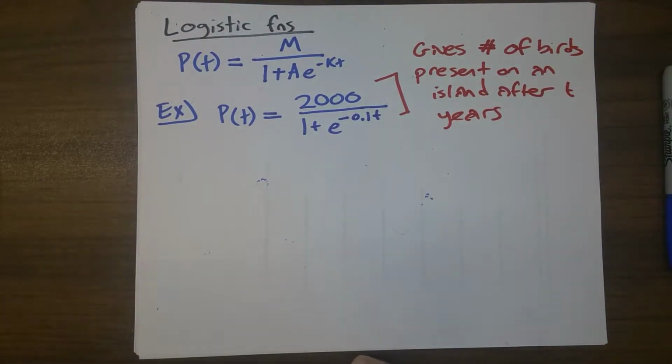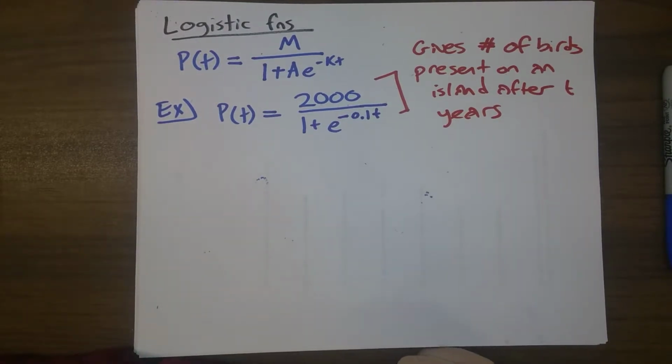So if you plug in t of 0, let's say that we're counting from the year 2019, so t of 0 is how many birds there are this year. We do a survey next year, a census, and t of 1 is how many birds there are next year, t of 2 is how many birds there are in 2021, and so on and so forth.